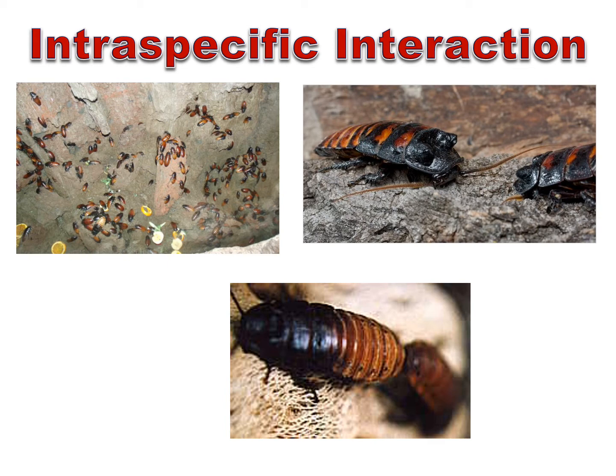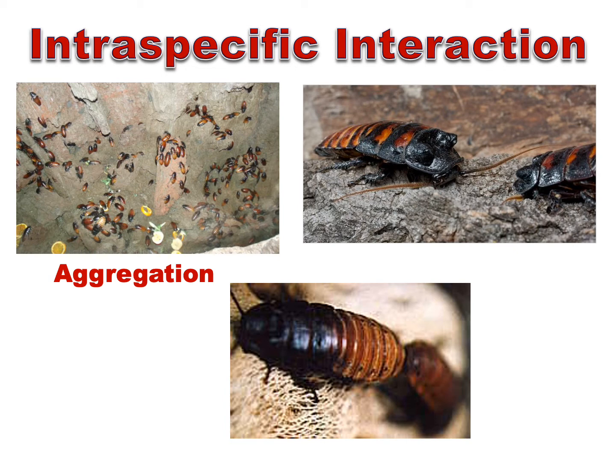Looking at these three pictures that I have above, all of these are of your Madagascar hissing cockroaches. The first one is a whole bunch of cockroaches on a cave wall. This interaction is called aggregation. All of these cockroaches will naturally aggregate into a colony on the cave walls.